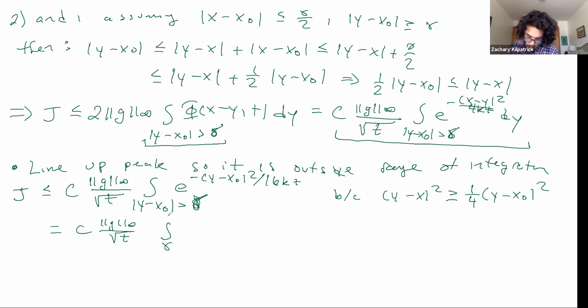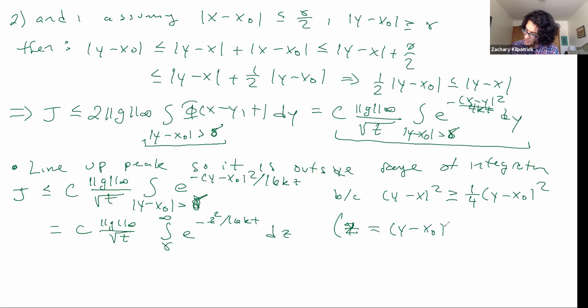Okay, this integral should go from gamma up to infinity, e to the minus z squared over 16 kt, dz, where z is equal to y minus x0.